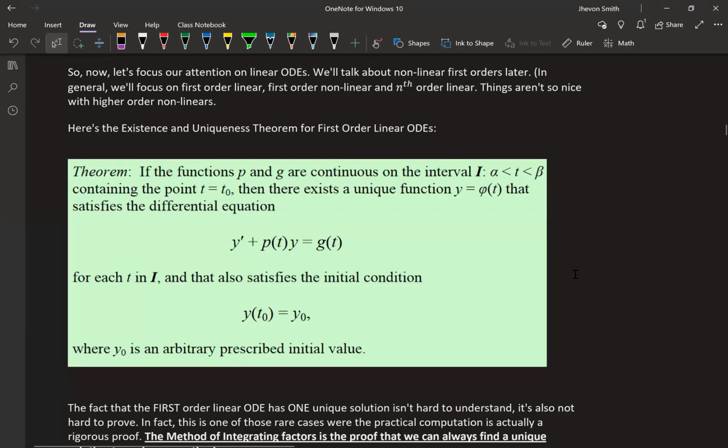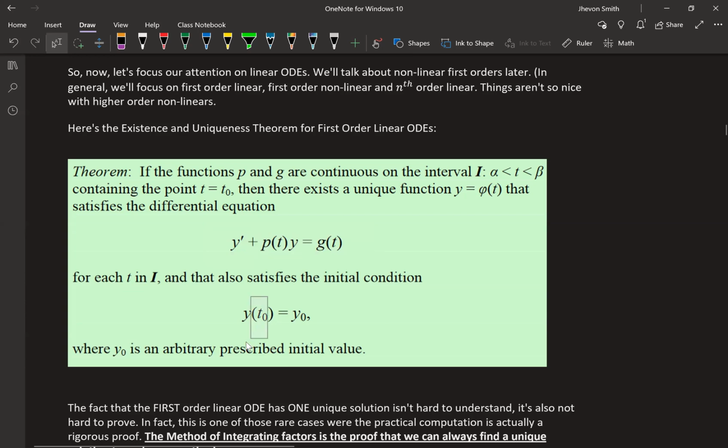So let's look at the existence and uniqueness theorem for first order linear ODEs. So if I have an equation of this form right here, where the P and the G are continuous on some open interval I, then it turns out on that interval, I can find a unique solution to this differential equation.